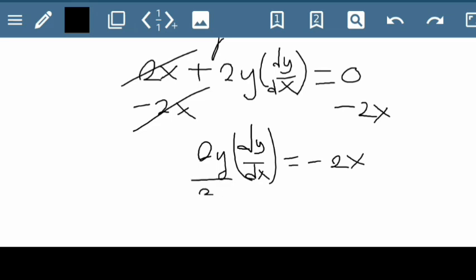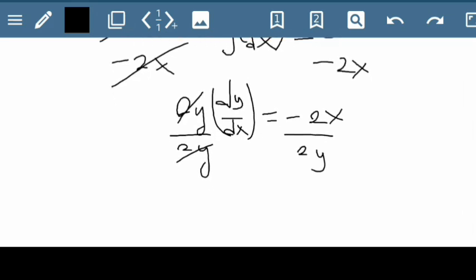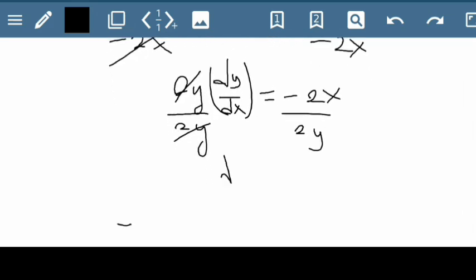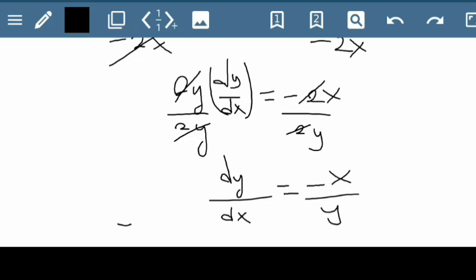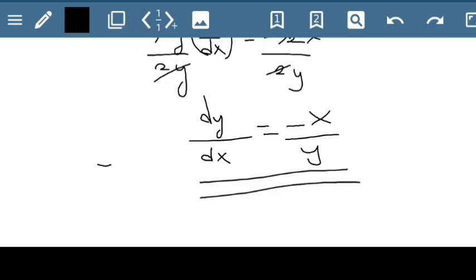So if I divide both sides by 2y, the 2y and 2y are going to cancel each other. Therefore, dy/dx is going to be equal to, as you can see, these 2 and these 2 can cancel each other. As a result, we are going to have negative x divided by y. So this one is our final answer for the first question.